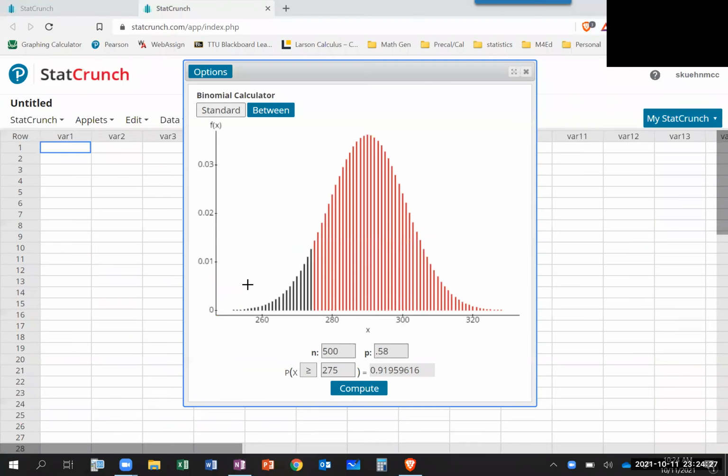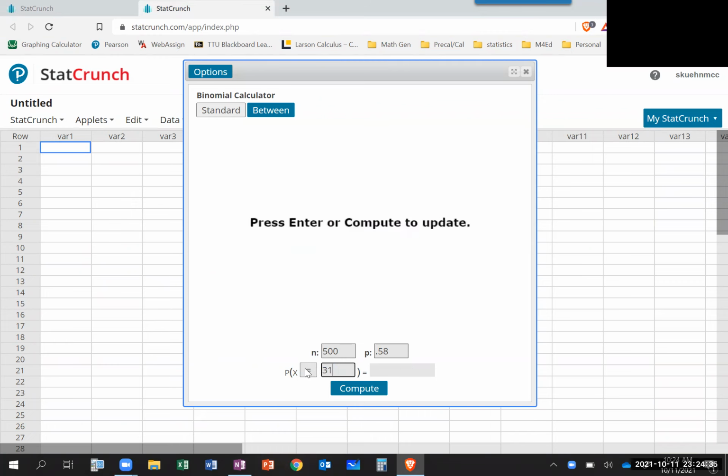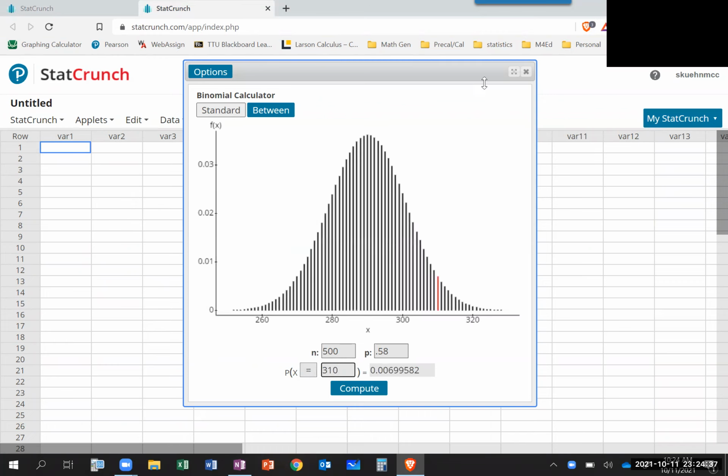So coming back to this calculator, I'm going to change the probability statement here to equals 310. And you can see there's only one little red bar in there, right? Everything else is black. Here's our red bar over here at 310.